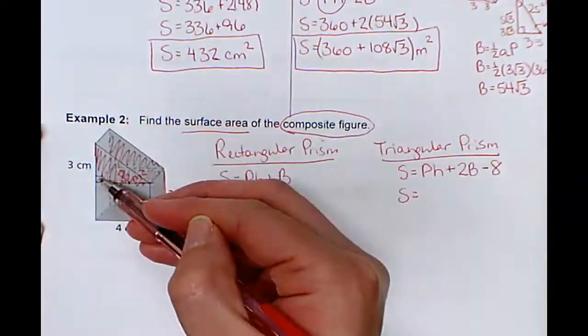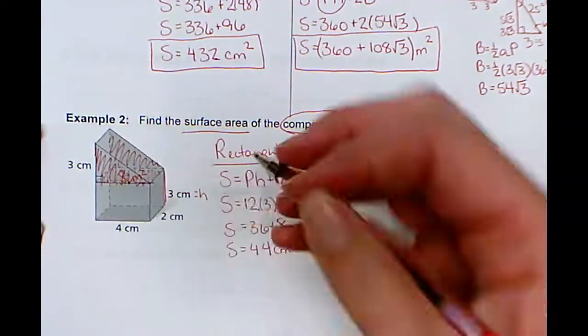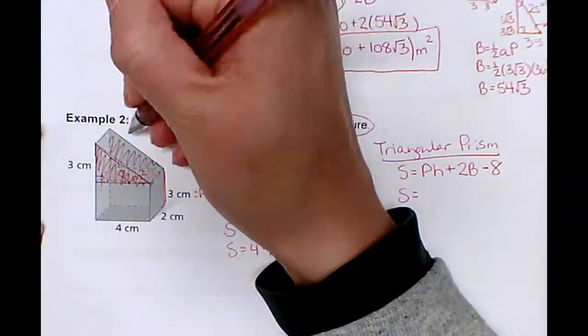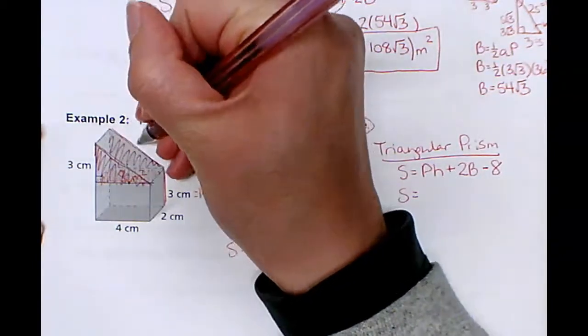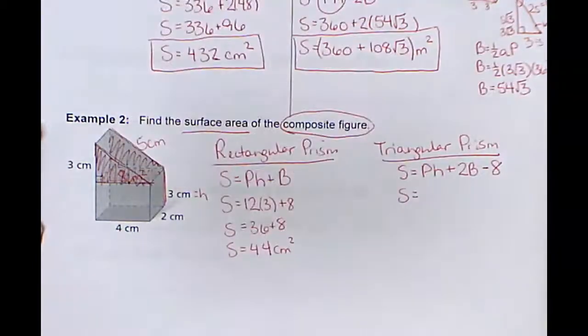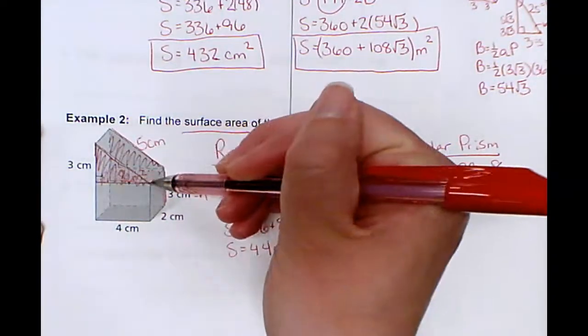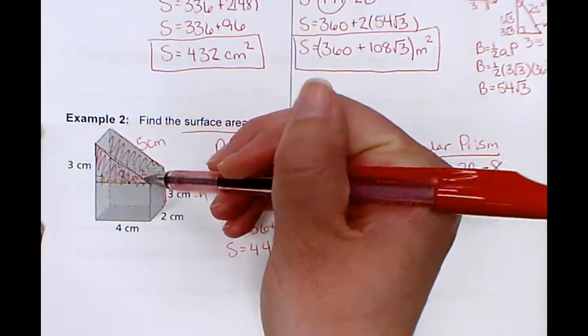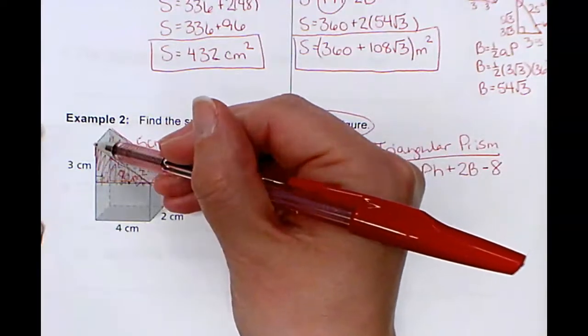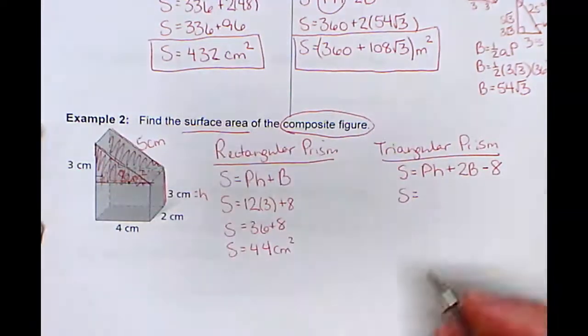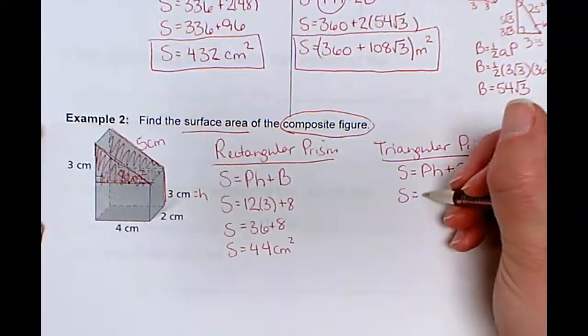And it is a right triangle, so if you know your Pythagorean triples, you know that the hypotenuse here and here is 5 centimeters. 3, 4, 5. That's a Pythagorean triple. So the perimeter of the base is 3 plus 4, which is 8, plus 5, which is 13. Oh, sorry, 3 plus 4, which is 7, plus 5, which is 12.